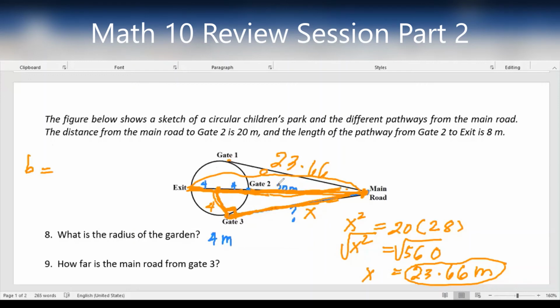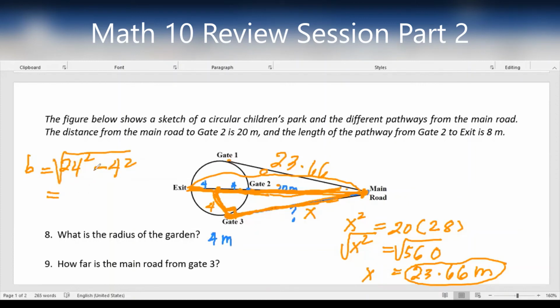So, 20 yung outside, tapos plus 4, kaya 24 squared. Minus siya, kasi hypotenuse yung 24, minus 4 squared. Minus 4 squared, and get the square root of this.